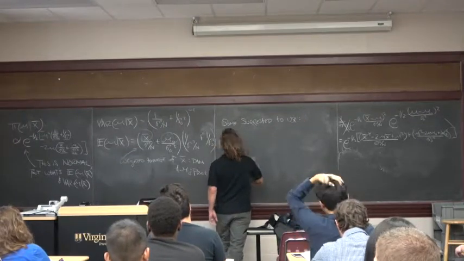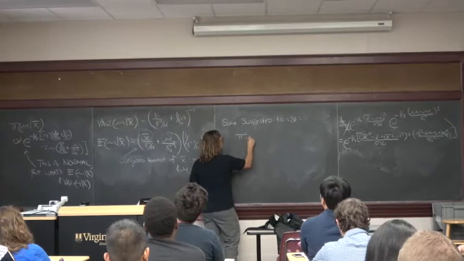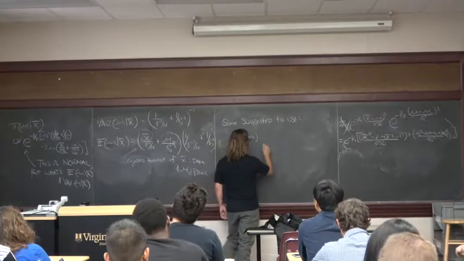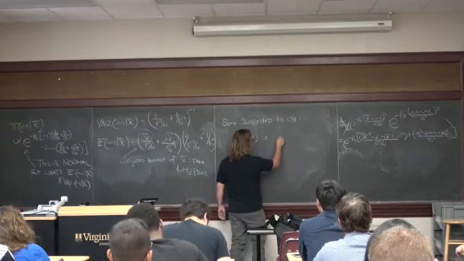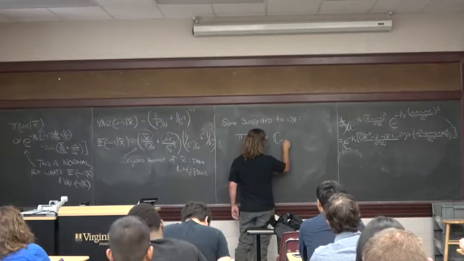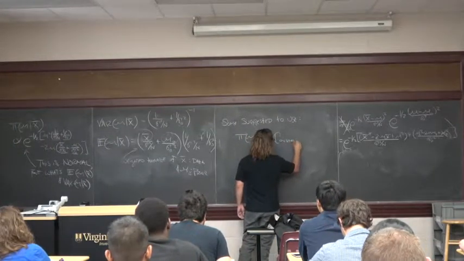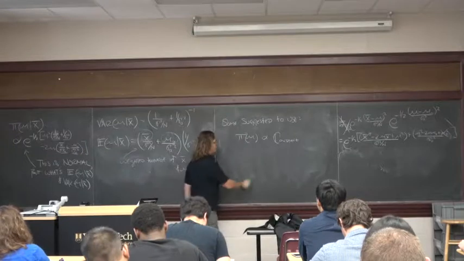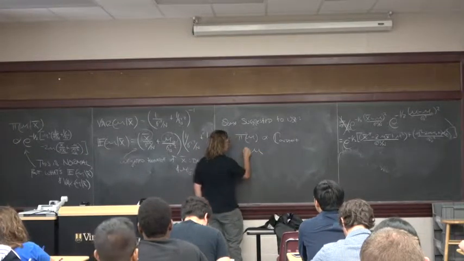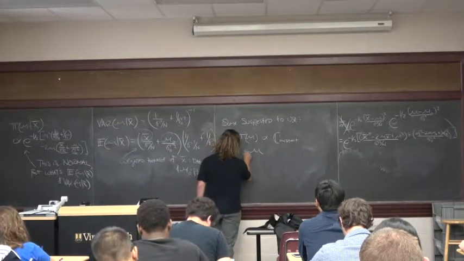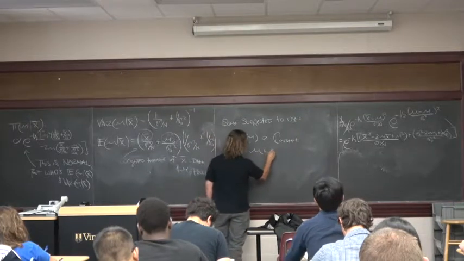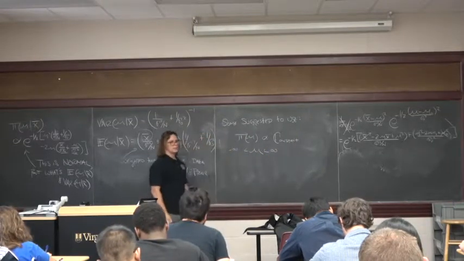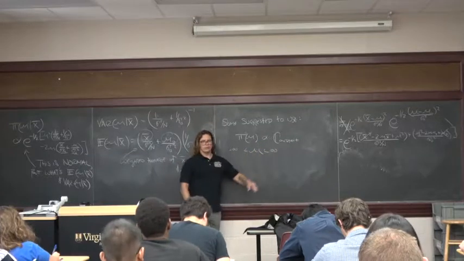So my pi of mu is going to be proportional to a constant, okay, for mu between minus infinity and infinity. So I'm writing it down in terms of proportionality.